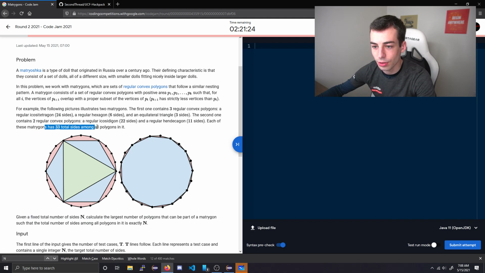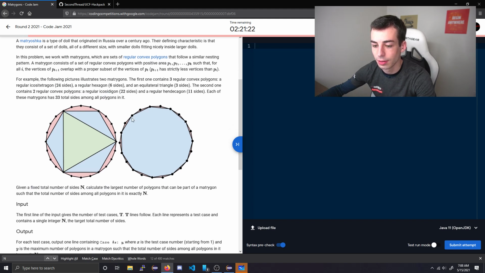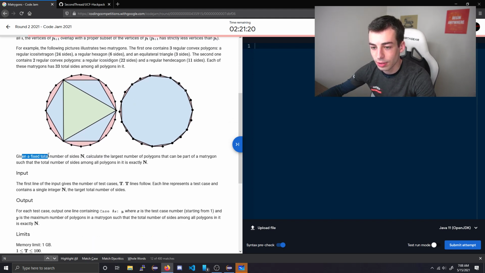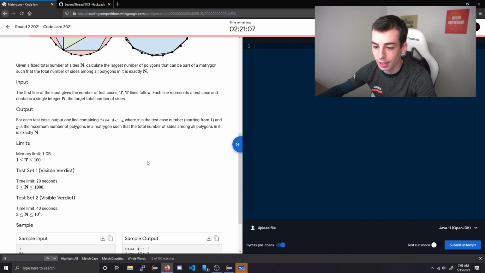Each of these has 33 total sides in it. Given a fixed total number of sides n, calculate the largest number of polygons that can be part of a matrigon such that the total number of sides in all polygons is exactly n.